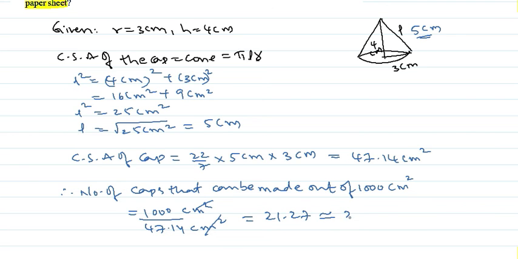So approximately we are taking 21 caps. Therefore 21 caps we can make from that 1000 centimeter square of color paper.